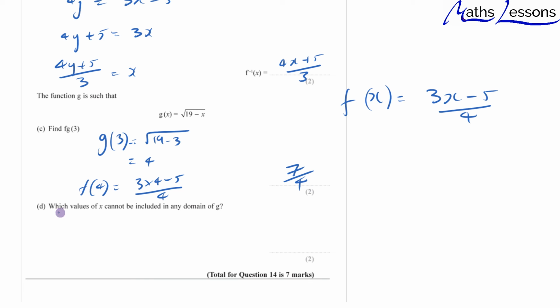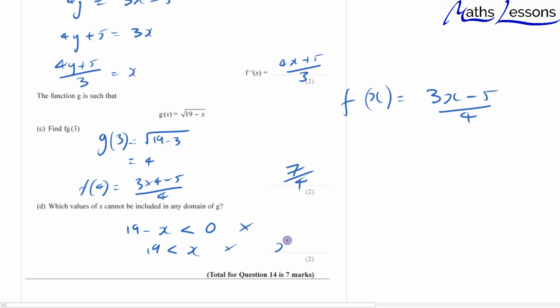Okay, which values cannot be included in any domain of g? Now, when you get a question like that, it's asking you what ones will work, what ones won't work in this. Now, you can't square root anything that's negative. So therefore, we can't have 19 minus x less than 0. Can't have that.